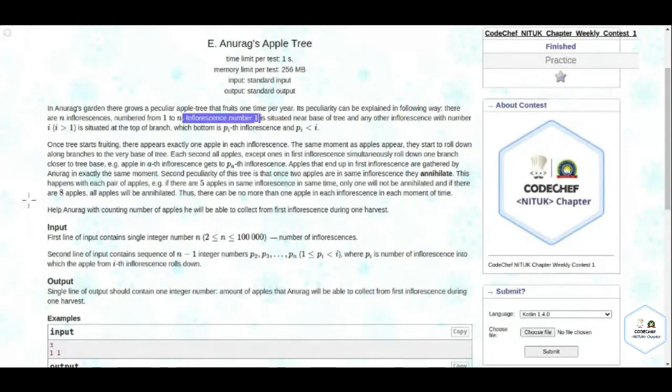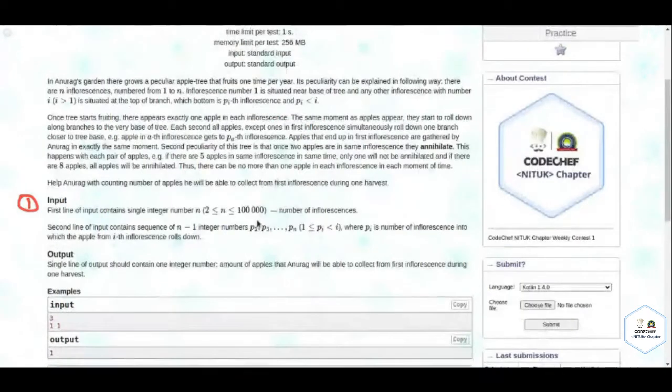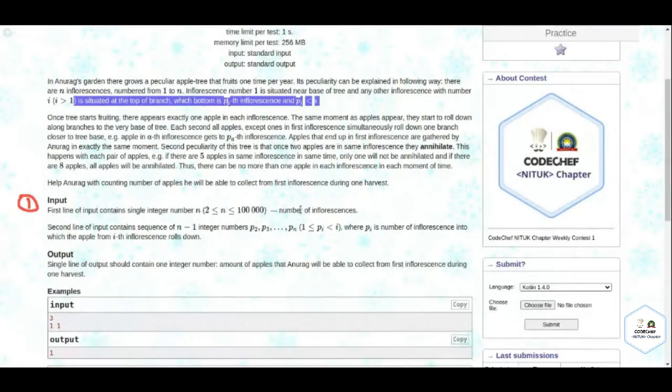So the first one is placed near the base of the tree, and any other inflorescence with number i is situated at the top of a branch whose bottom is the p-i-th inflorescence. What does this mean? We are given p2, p3 and pn.